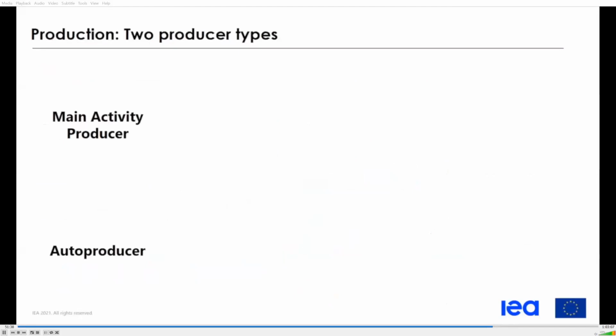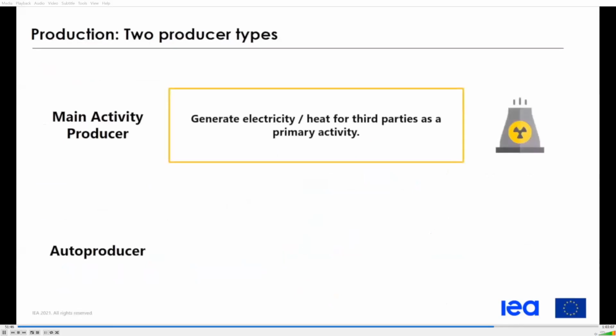Now also some distinctions we can make in the electricity data are the type of producers. You can have main activity producers, for whom the generation of electricity or heat and the sale of this production to third parties is their primary activity. So most of the time, those are plants like nuclear plants, thermal plants, natural gas electricity plants, for which the sole objective is to sell the electricity or heat generated.